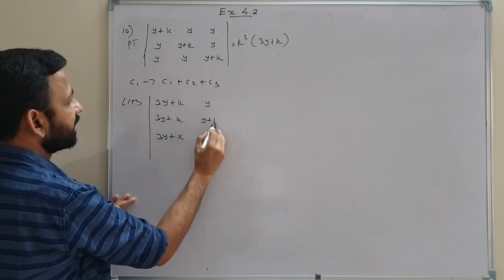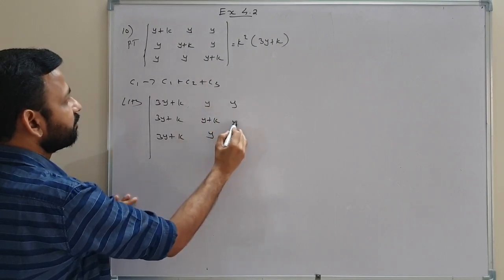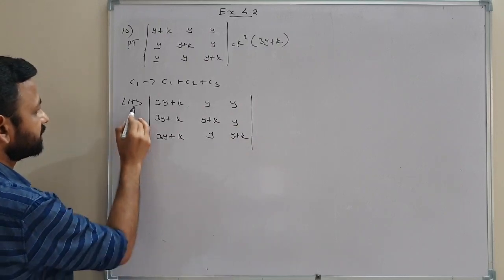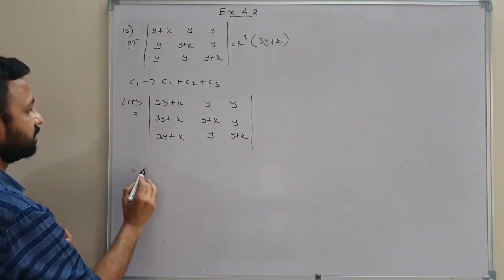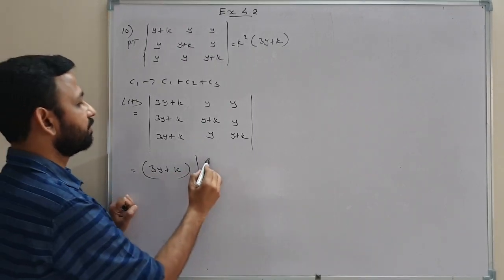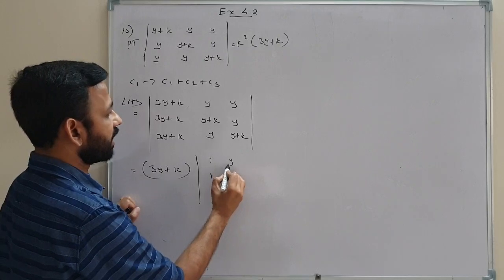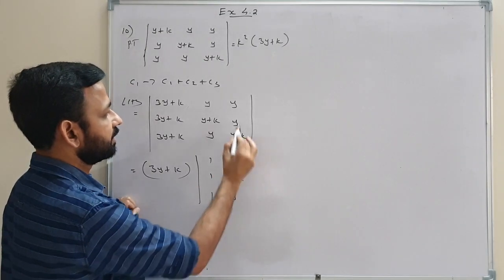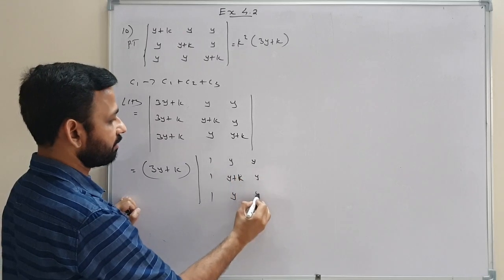Y plus k, y, and y plus k. Then LHS equals 3y plus k common determinant 1 1 1, y plus k, y, again y plus k.